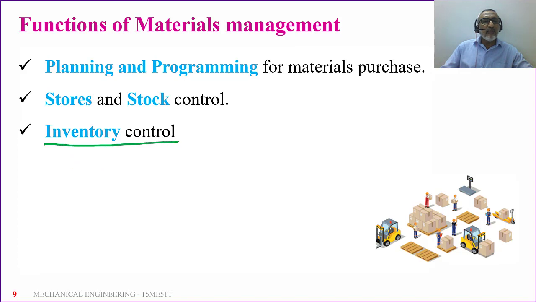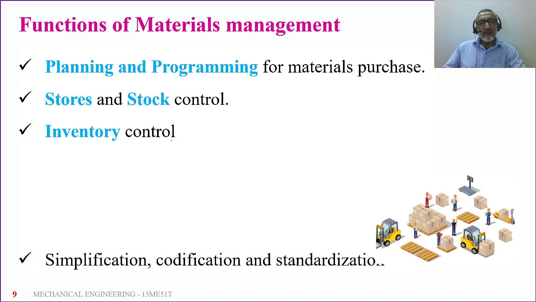Inventories usually means raw materials. These raw materials used for production have to be properly issued, and whenever the stocks go below a particular limit, we may have to go for a reorder. It will take some lead time for the material to arrive after placing orders. All those things are to be properly controlled. This is another function of material management.